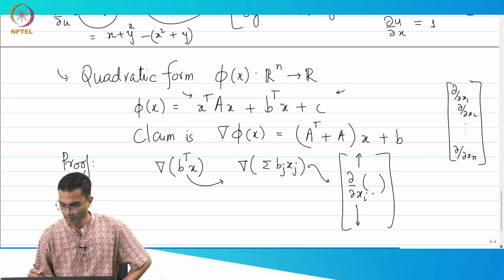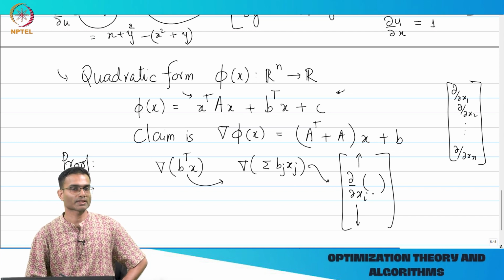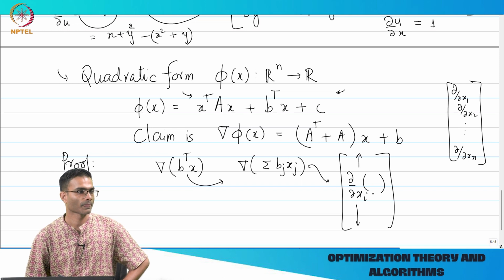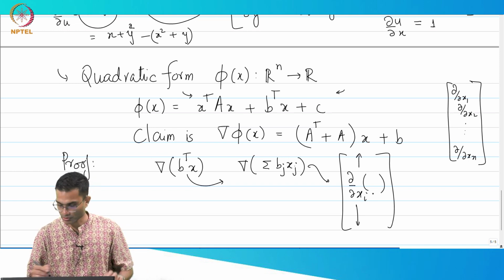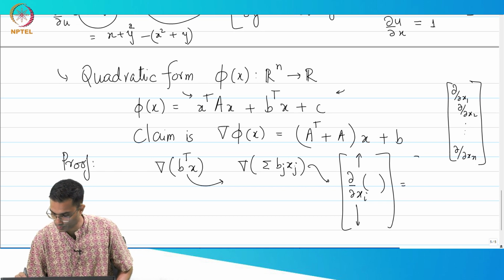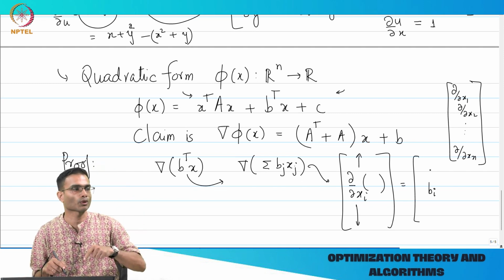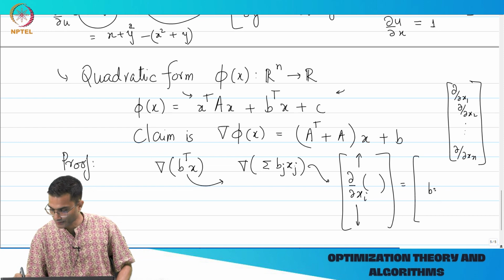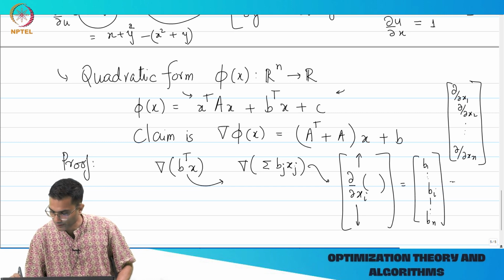So when I take the derivative with respect to xi, does anything survive? Which term? Only bi, everything else goes to 0. So this is going to be equal to bi over here. If I now do this over all i going from 1 to n, what will I get? I'm going to get b1, whatever, bi and so on, in fact, nothing but b.